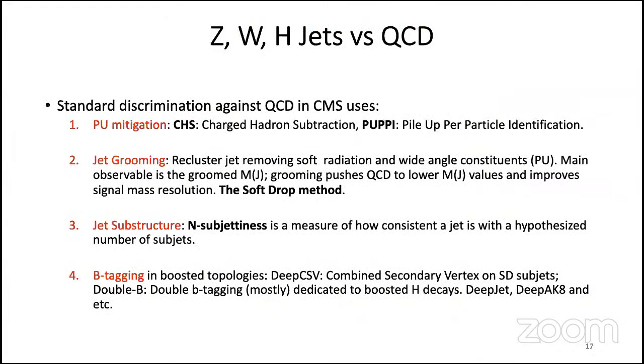The standard techniques that we use in CMS to identify boson decay versus QCD are the pile-up mitigation, where we identify particles produced by pile-up activity; the jet grooming, when we recluster the jet, removing the soft radiation; looking into the jet and defining subjettiness, which is a measure of how consistent a jet is with a hypothesized number of subjets inside of the fat jet; and the b quark tagging.